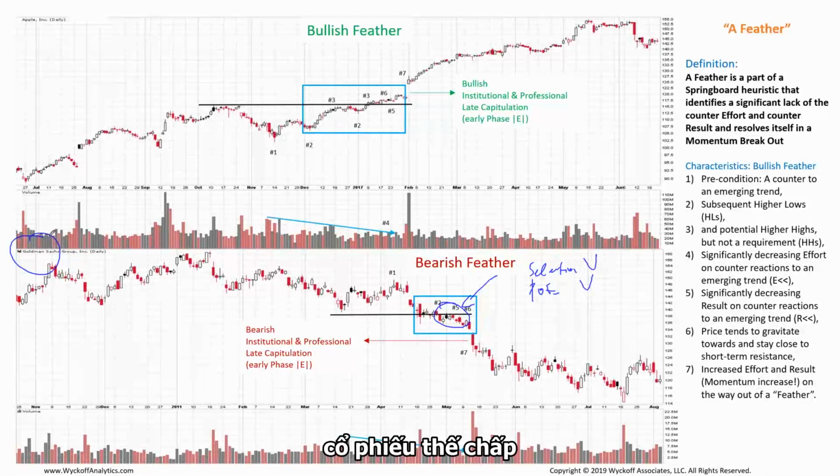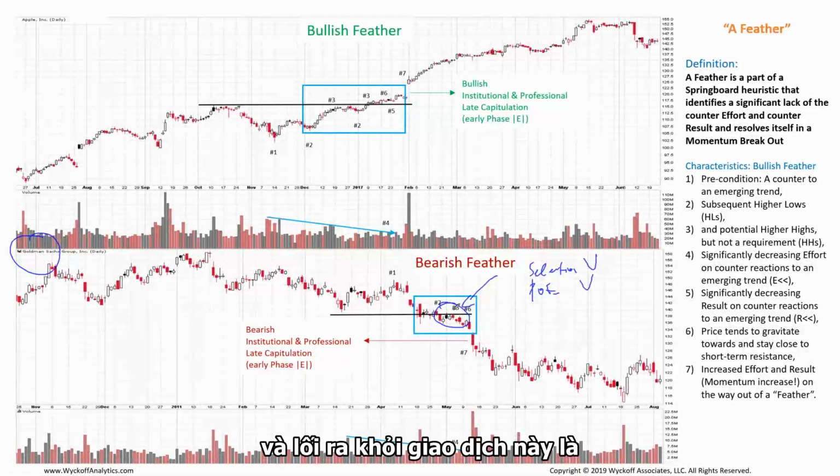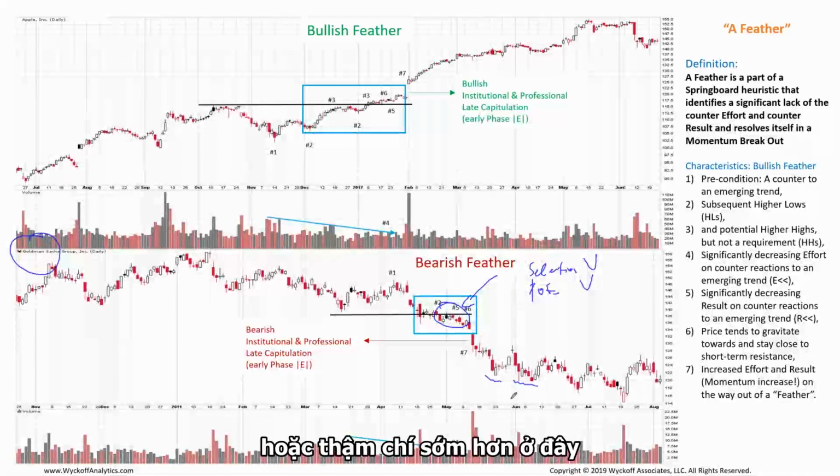Easy collateral stock that could be used in this situation. And the exit from this trade was somewhere, I don't recall exactly. I think in this area here, or even earlier here.